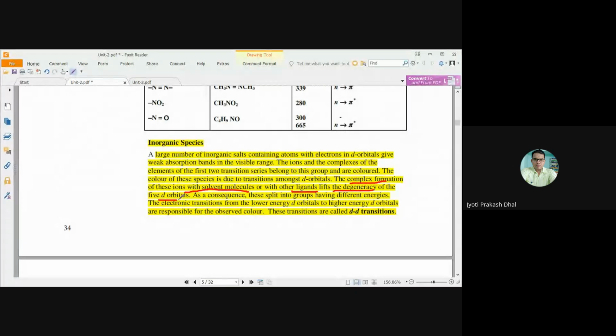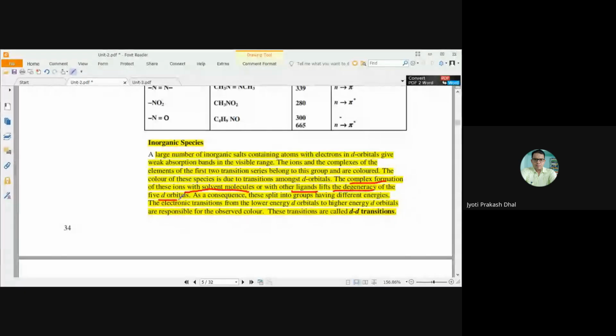Degeneracy means initially, when the transition metals are in the isolated state, only in the atomic or ionic state, then the 5d orbitals dxy, dyz, dzx, dx square minus y square and dz square will have the same energy, so that's why it is called degeneracy. But when they form complexes with ligands, their degeneracy will be removed.